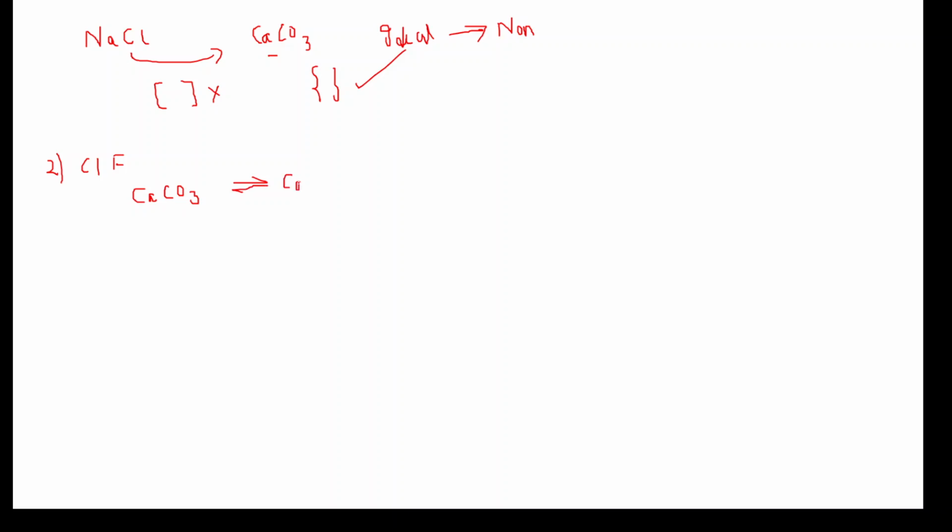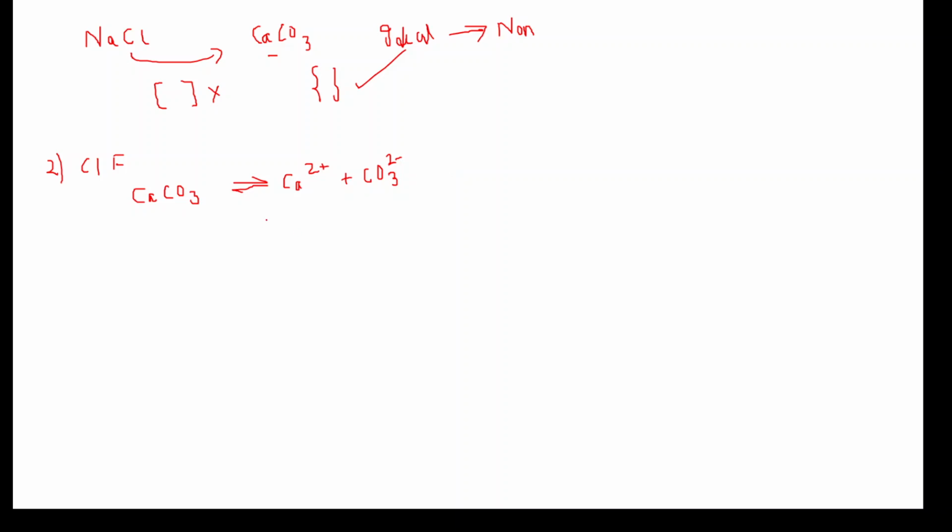In this whole chapter, we will take the example of CaCO3 only because that is a sparingly soluble salt. It cannot be completely dissolved. Okay, we have this salt. So what will happen if we add some acid?